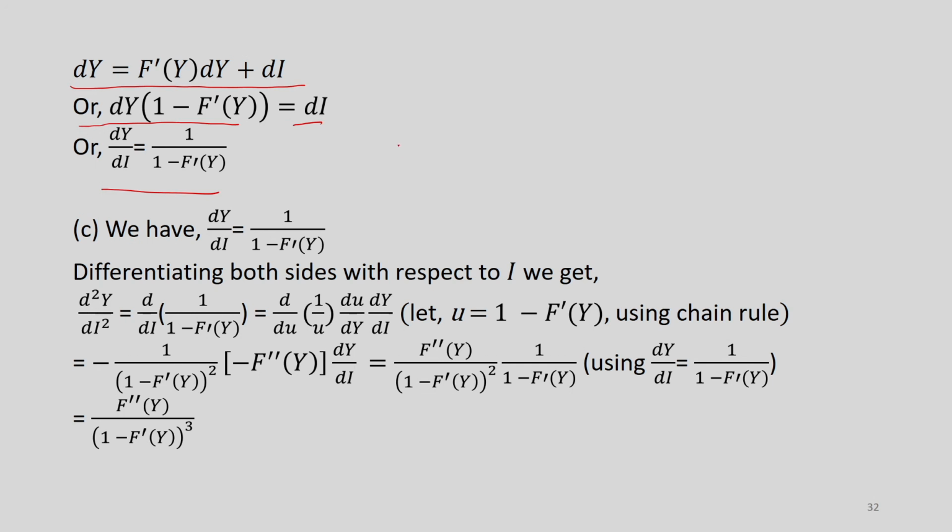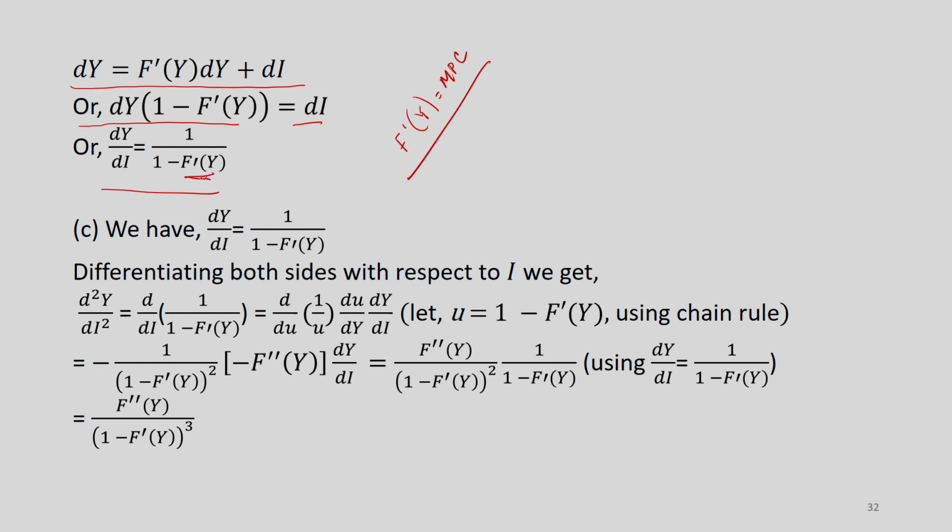Again, if you remember, f prime y is MPC, right. So, previously when the linear form was given, the MPC was 0.9. So, that is what was appearing here. But if I take f y to be the general consumption function, then f prime y is the MPC.